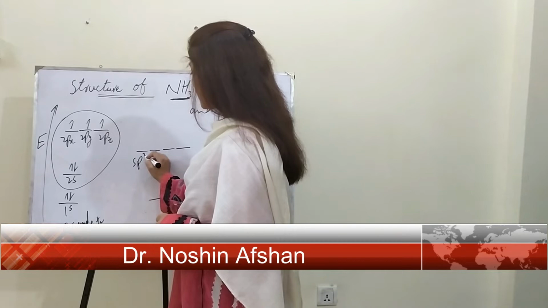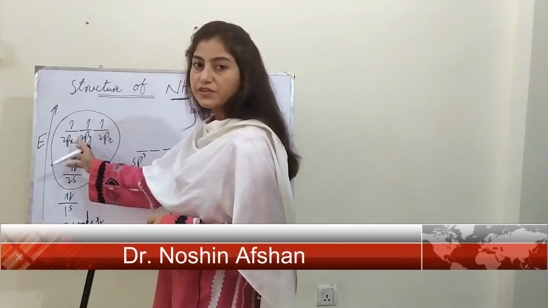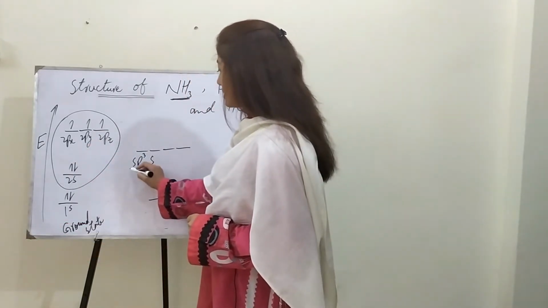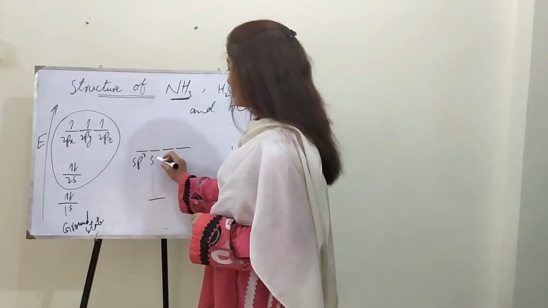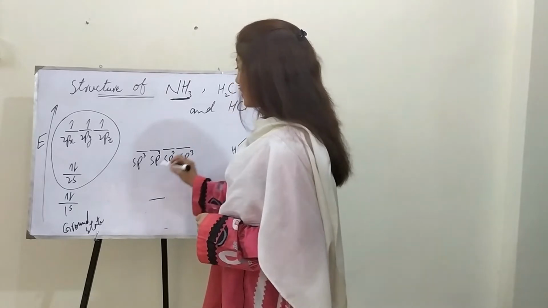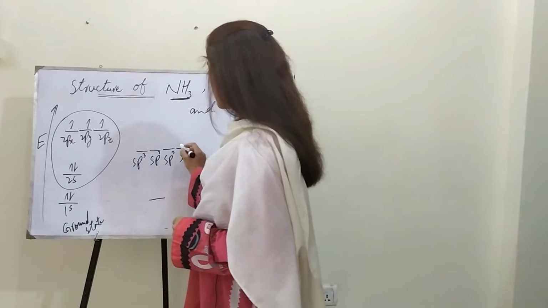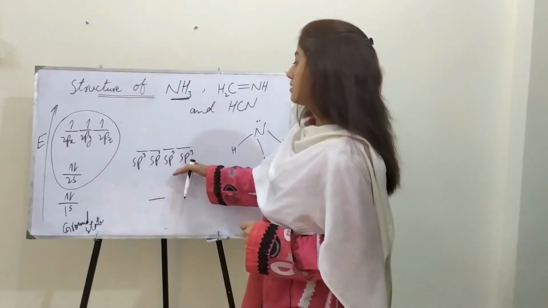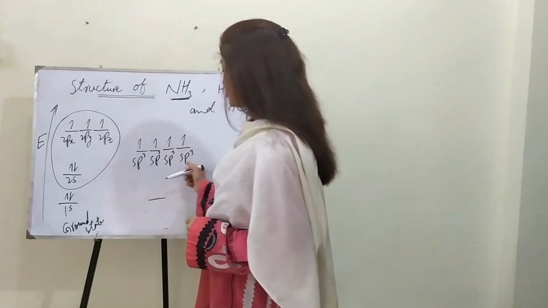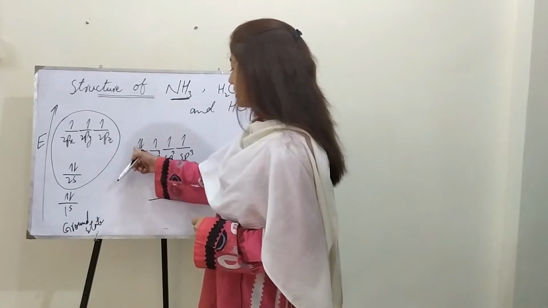These would be sp3, as here 2s orbital and 3 degenerate p orbitals are intermixing together, so that there would be 4 sp3 hybrid orbitals. And as here the total number of electrons is 3 and 2, 5. So we have to arrange the 5 electrons in these 4 sp3 hybrid orbitals.